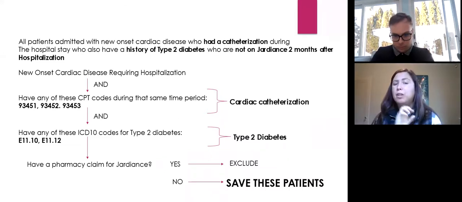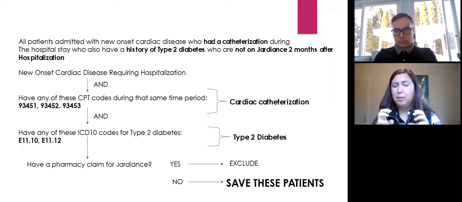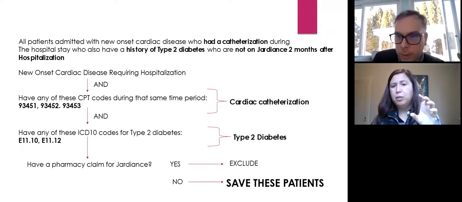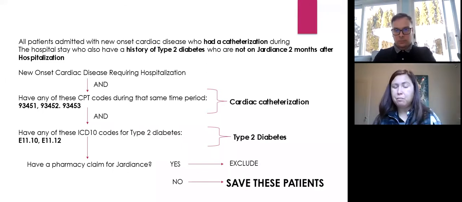We're going to catch those procedure codes that are for a cardiac catheterization, and plug that into the algorithm as the defining codes for cardiac catheterization. So the top of the algorithm says pull all the people with new onset cardiac disease. Then the next part of the algorithm says of those people, pull only the ones that had a cardiac catheterization.